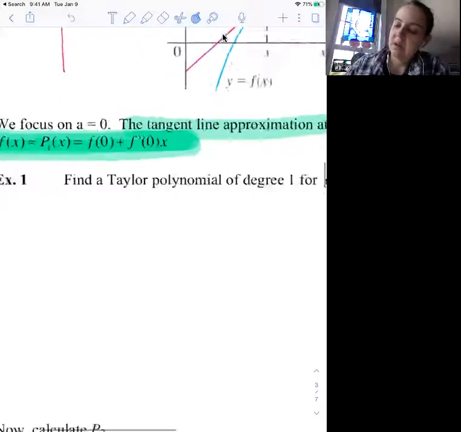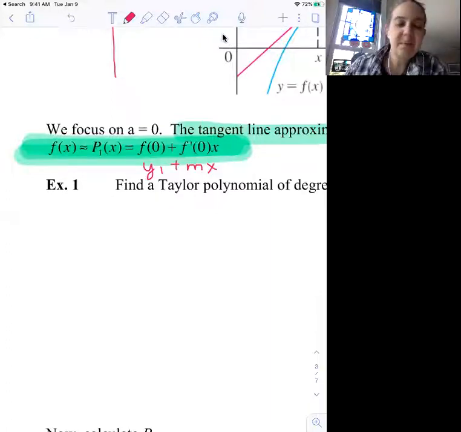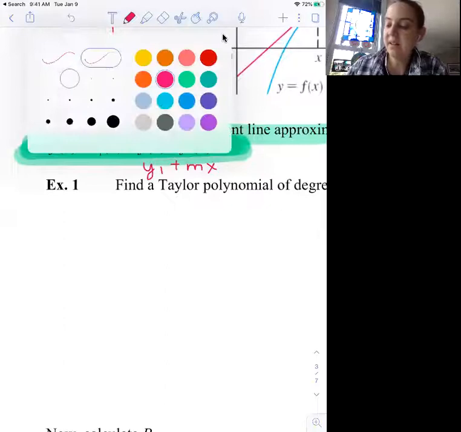Let me zoom in. We have y1 plus my slope times x, and this y1 is really your b. So it's really y equals mx plus b. It's just a line. We've talked about lines for a very, very long time.